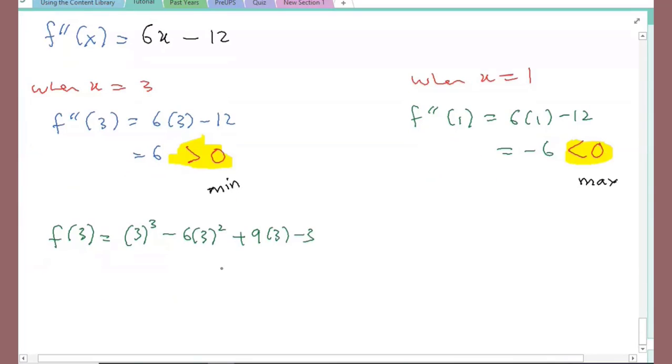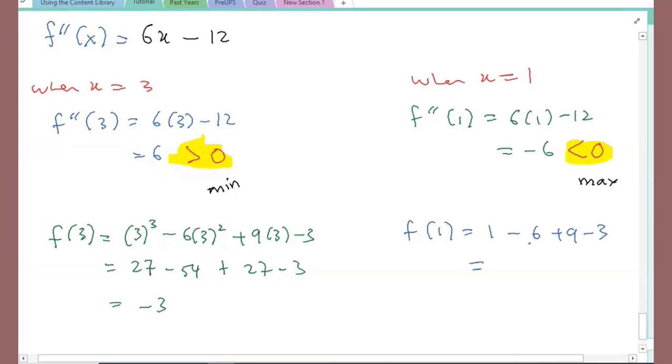So 27 minus 54 plus 27 minus 3. 27 plus 27 minus 54 minus 3, that is -3, right? And f of 1 is 1 minus 6 plus 9 minus 3. This one is 1, right? Okay, double check.